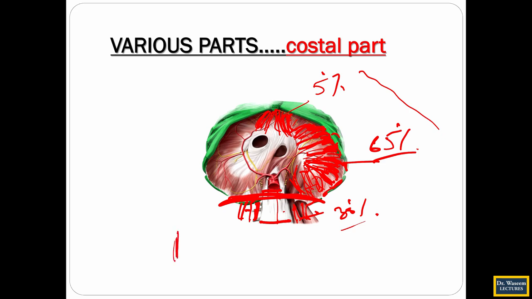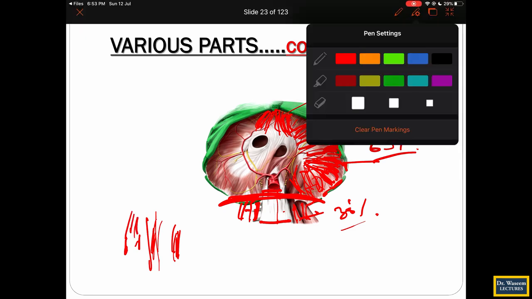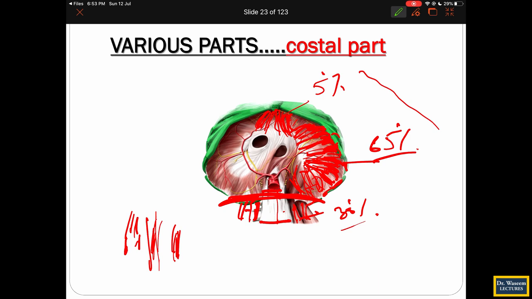So, that means it will be taking origin from the vertebral column and from these muscles here. So, you can see it will be like this. The diaphragm is taking origin from the muscles, and from the vertebral column, then from the muscles on the other side, and it will be coming here, then curving.